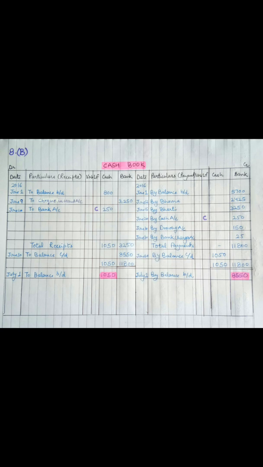As you can see, after finding the total receipt and total payment, I have written on the debit side to balance carried down, as there was a deficit of 8,550 rupees in the debit side in the bank column, and on the credit side I have written by balance carried down of rupees 1050 in the cash column, as it was deficit over there. So after adding these two amounts on both sides, the total amount is equal and balanced on both the sides, on the debit as well as on credit side.